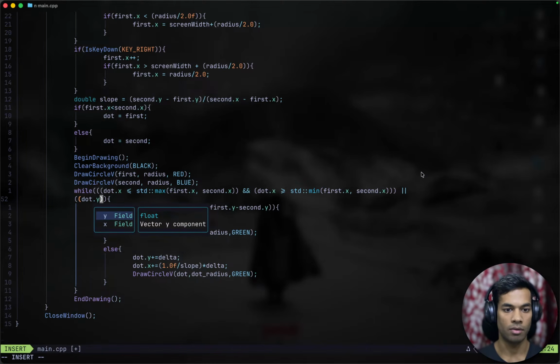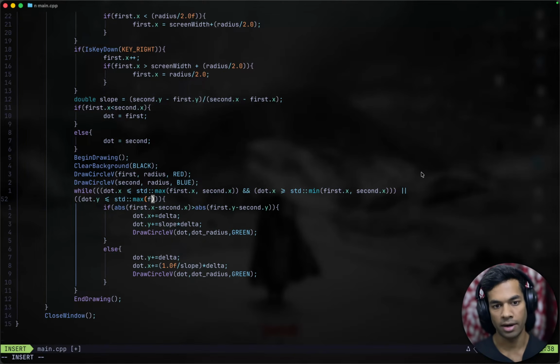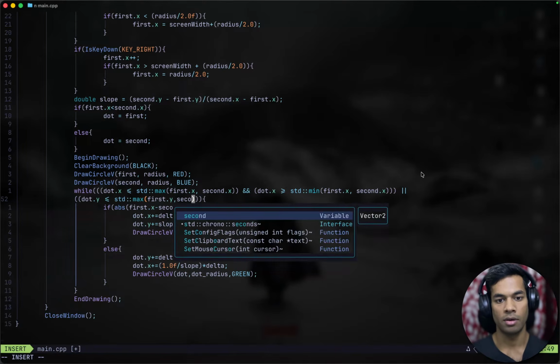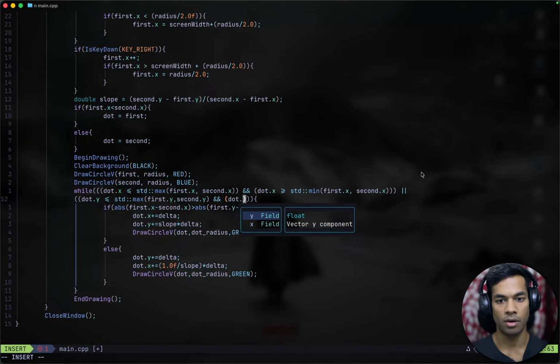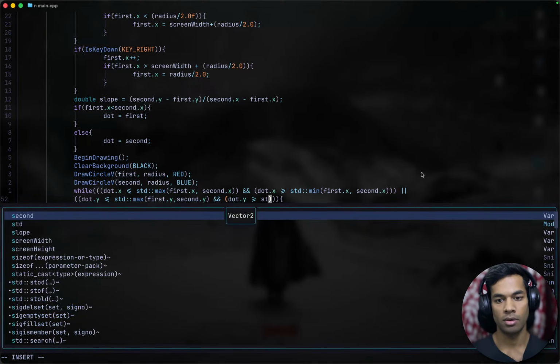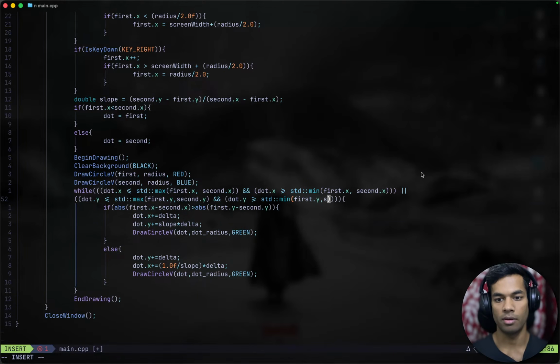So dot dot y smaller than or equal to std maximum of the y direction, first dot y comma second dot y, and dot dot y is greater than or equal to the minimum of the two, first dot x comma second dot x. Okay, there are a lot of brackets.